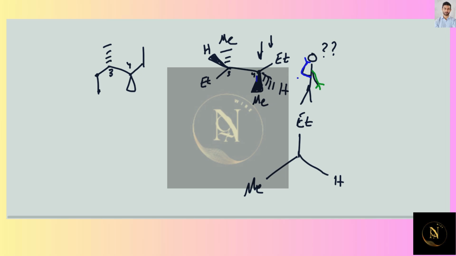Now we need to do the bond in the back. To do that, we draw a circle to represent the carbon that's in the back. And then we think about the relationship between these various groups. The first thing I see is that these ethyl groups are trans to each other, right?